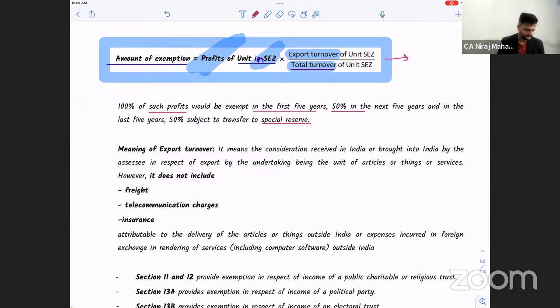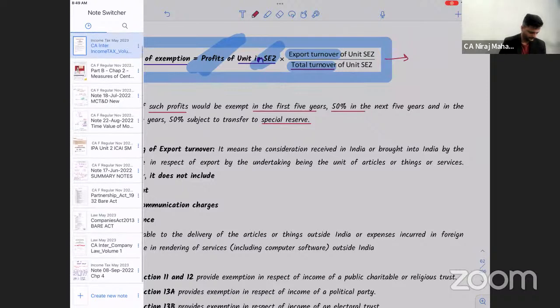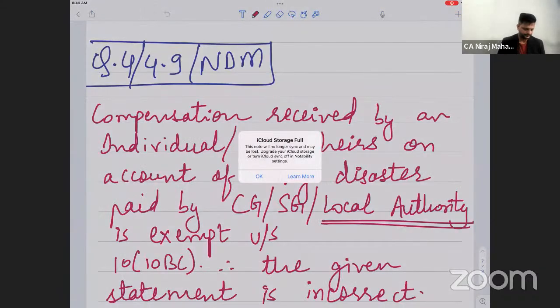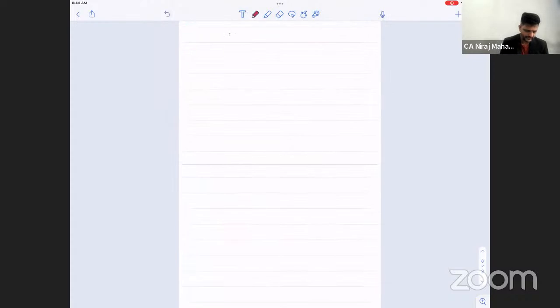Come to your notebook. Now, for your understanding, pay attention. This is India.